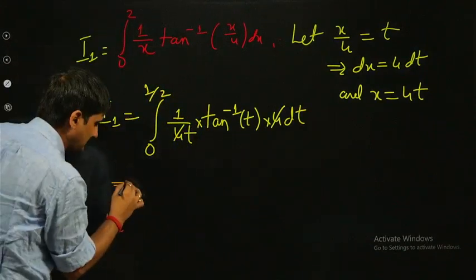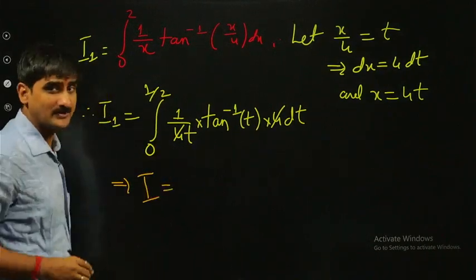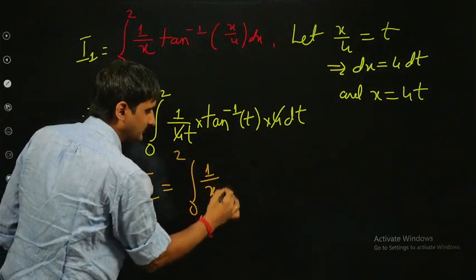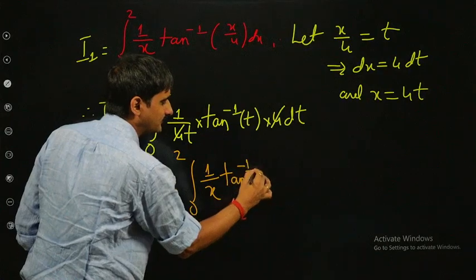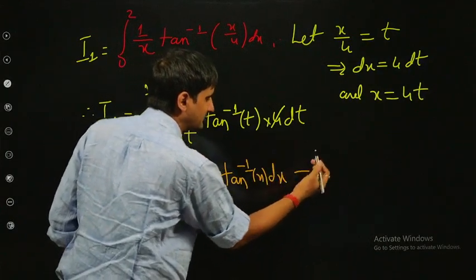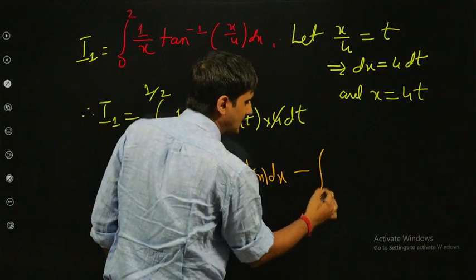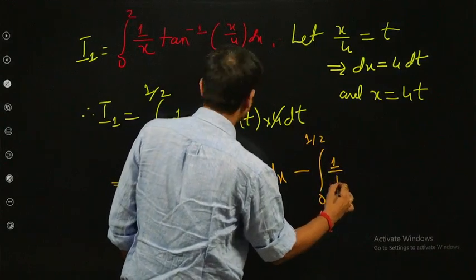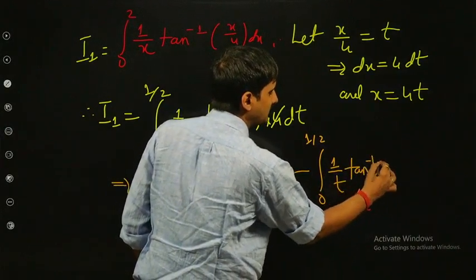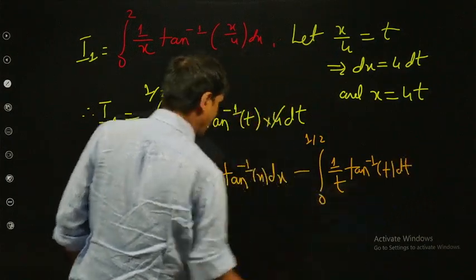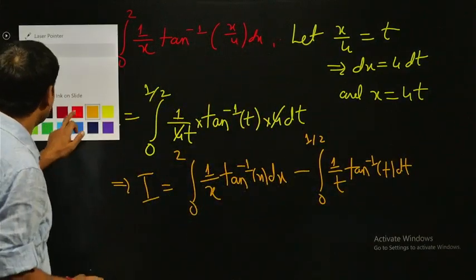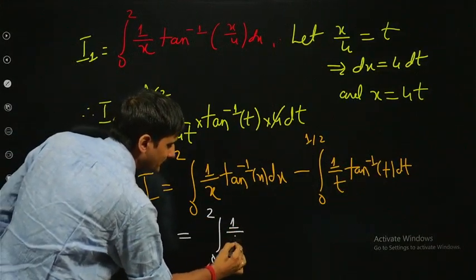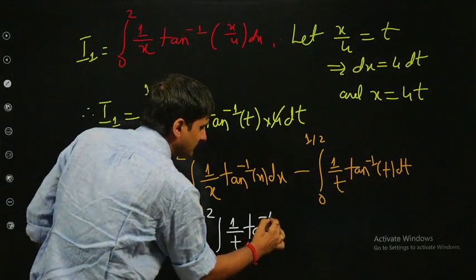And then that encouraged me to move ahead. How? Now I will write my integral, which is 0 to 2, 1 by x tan inverse of x as the first term with respect to x, minus I1, which is 0 to half, 1 by t tan inverse of t dt. Now I can write the first term as 0 to 2, 1 by t tan inverse of t dt.